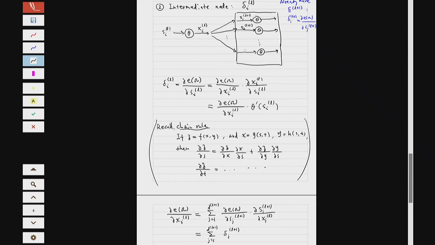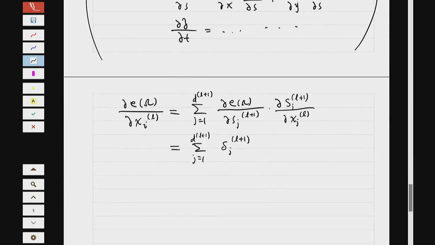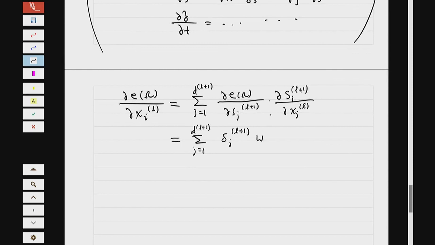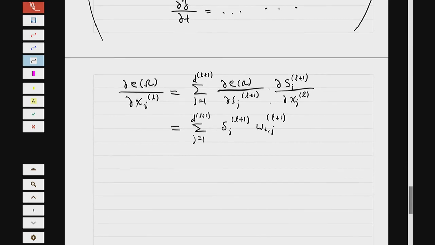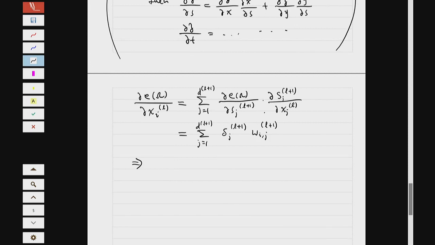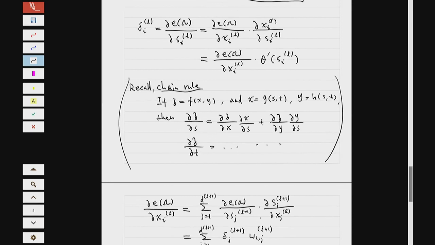So all of this would be the weight. So the linear function, we simply write this as W_ij, just the weight in front, L plus 1. So this tells us that this is a derivative with respect to Xi, but our ultimate goal is to find the derivative with respect to Si, the top line there.